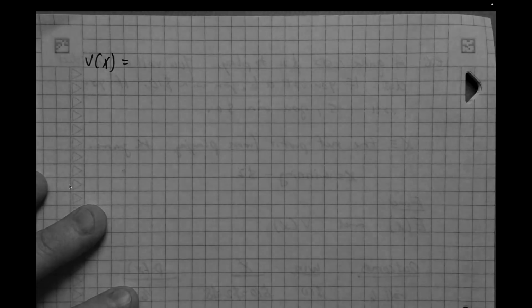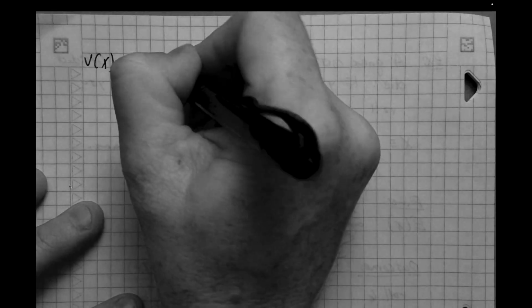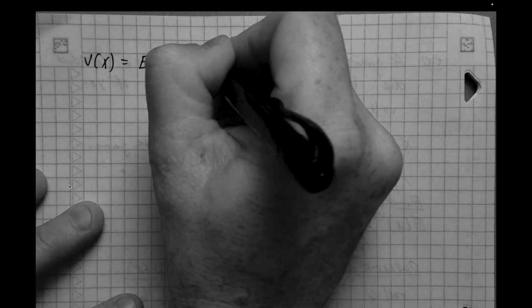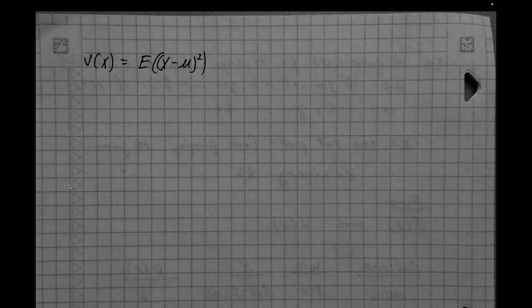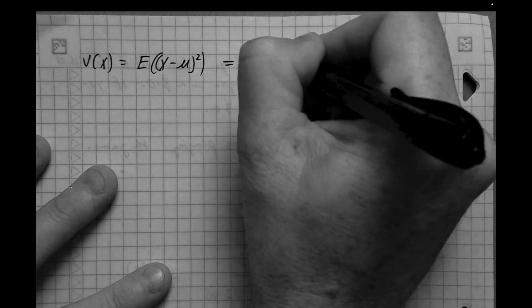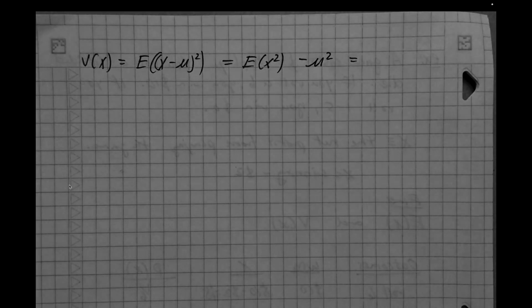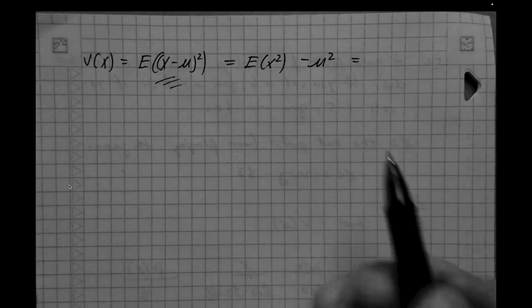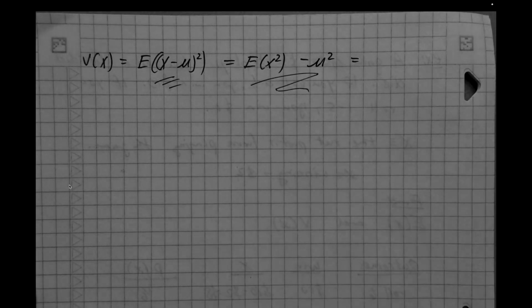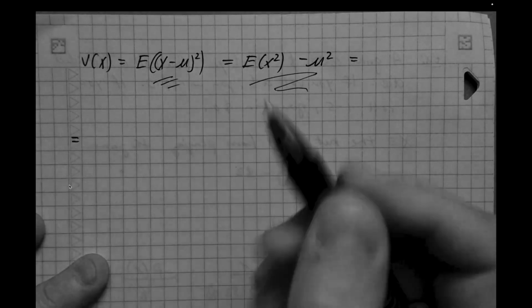Now, what about the variance? The variance here is equal to the expected value of (x minus mu) quantity squared. We could also calculate it as the expected value of x squared minus mu squared. So you can try it both ways. I'm going to do it the old-fashioned way, but I'd like you to try it this way just to confirm that you get the same answer. I'll go through the values here.